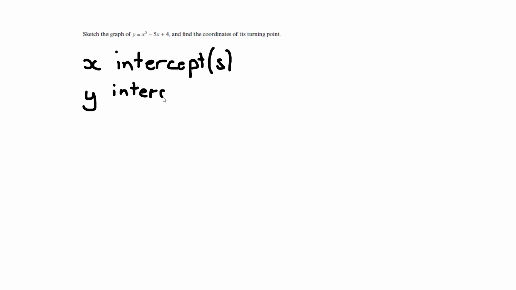We want the y-intercept, which is where it intercepts the y-axis, and we want the turning point, or the minimum or maximum, right?